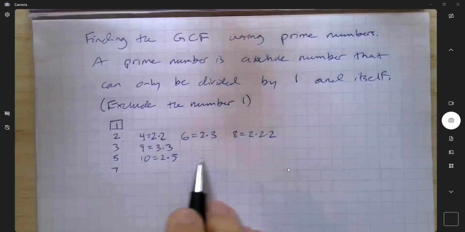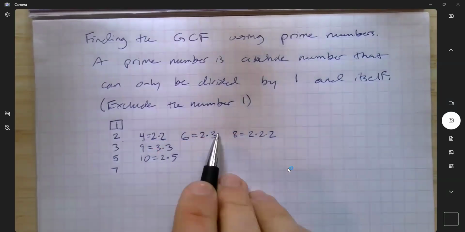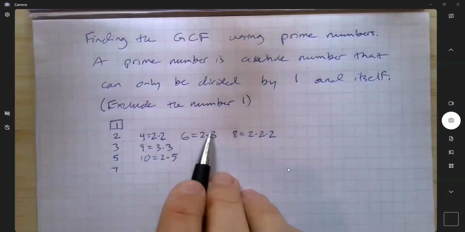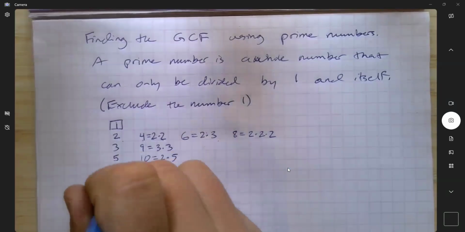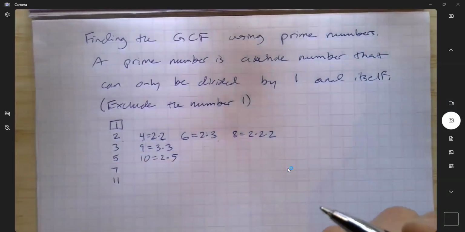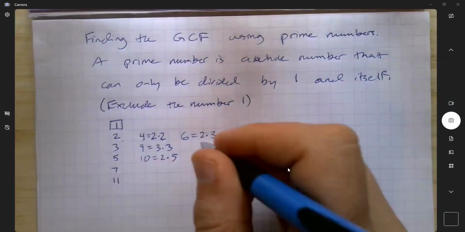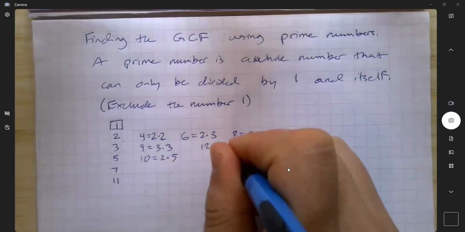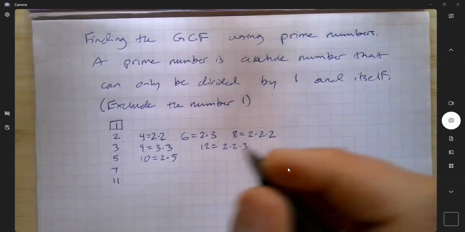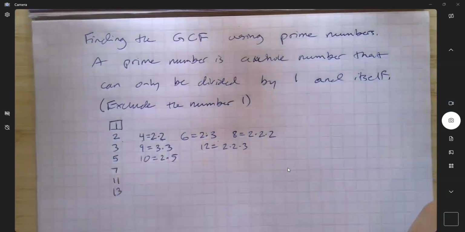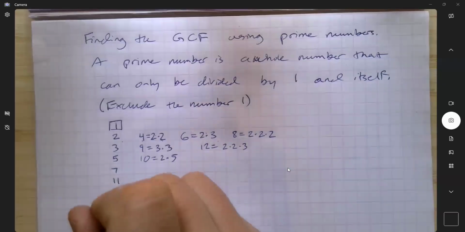So all of these numbers fail to be prime because they can be divided by numbers other than themselves. But 11 can only be divided by itself and 1. 12, that's easy to divide by 2 or by 3 or by 6 or by 4. But 13 can only be divided by itself. And so on and so forth.